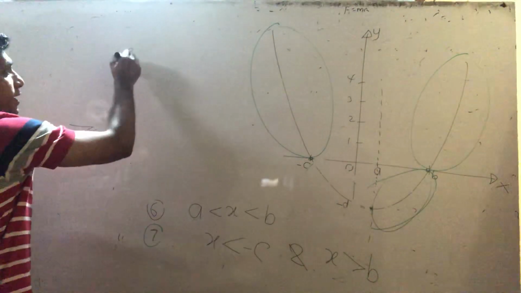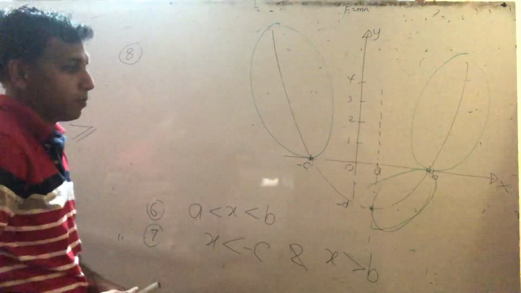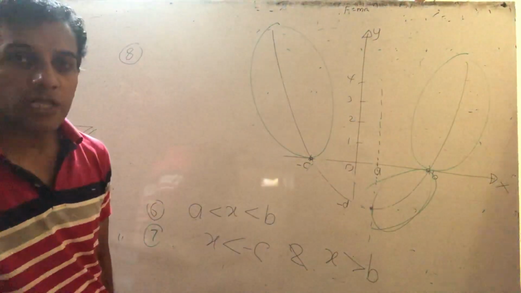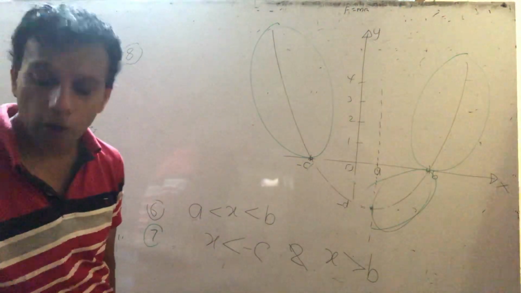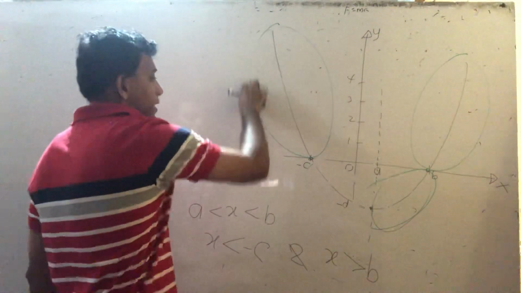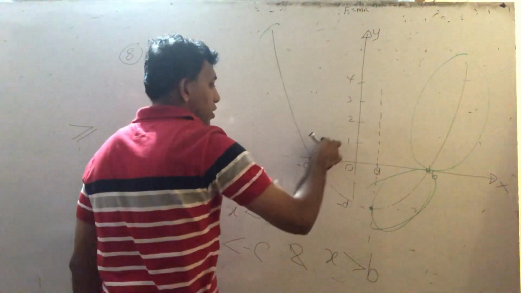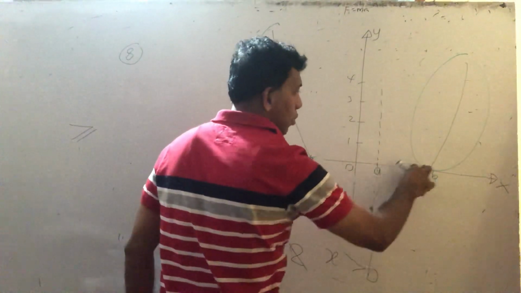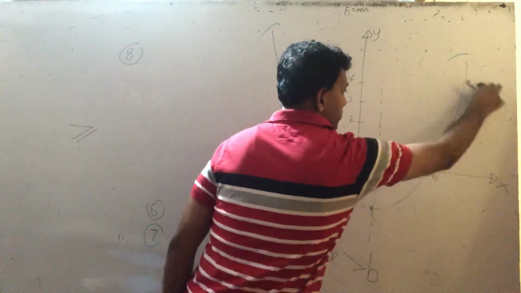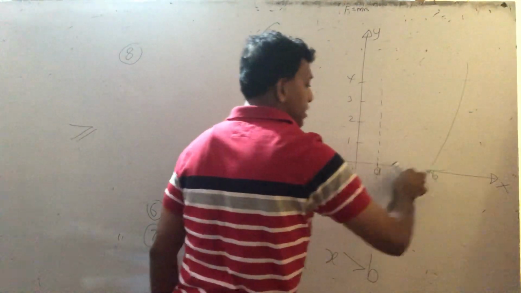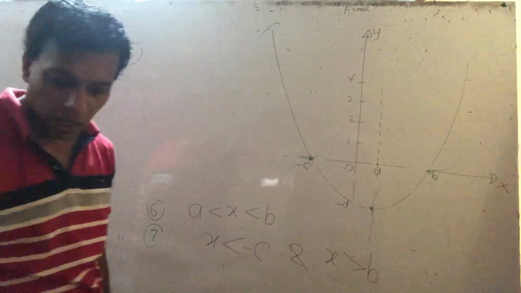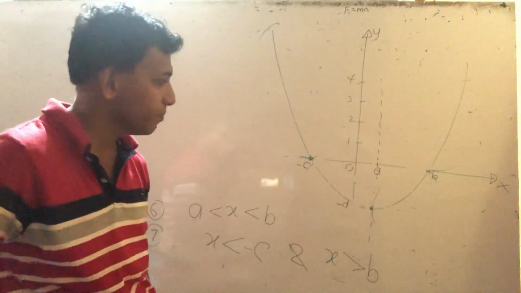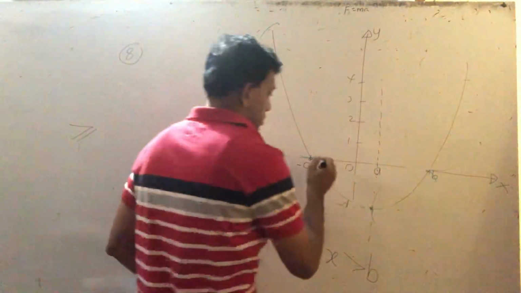Right, next number 8. Problem, next part 8. The equation of the above graph can be written in the form of, or can be shown in the form of, see this.